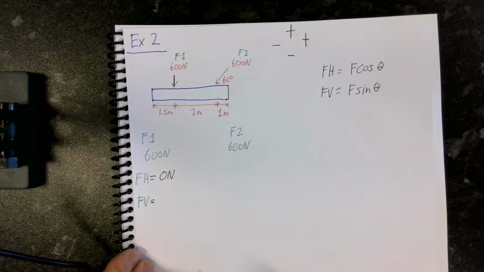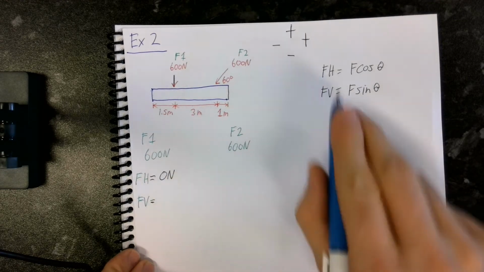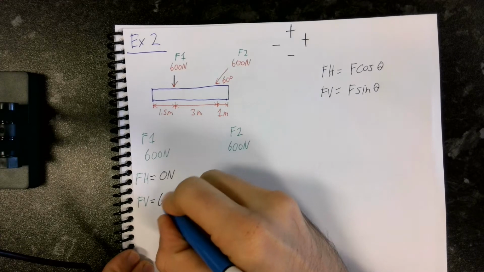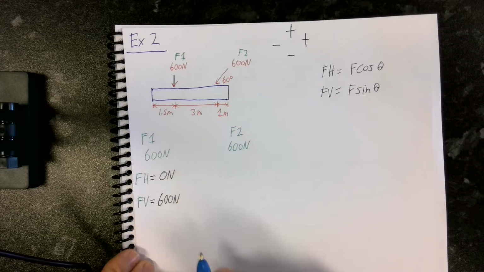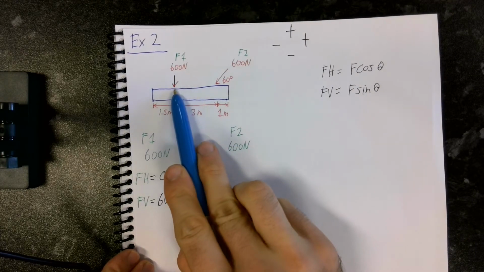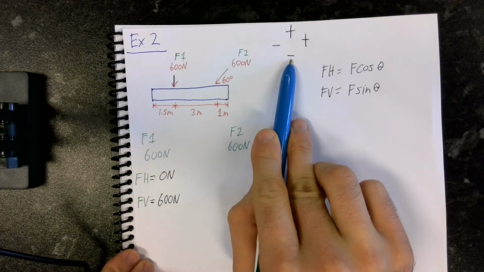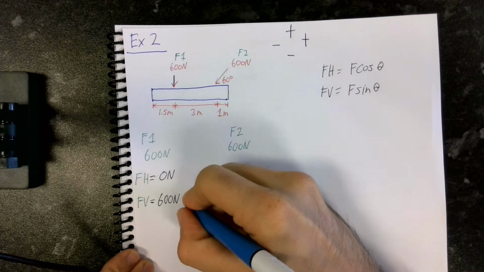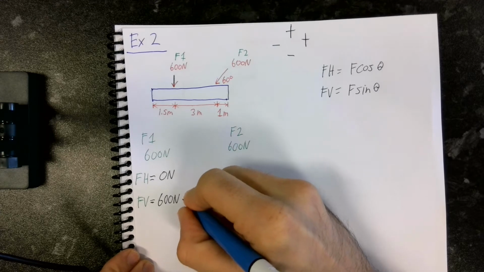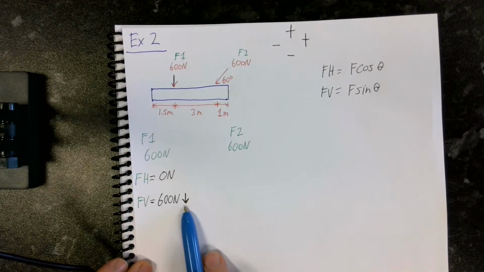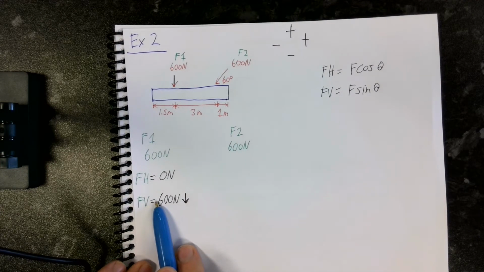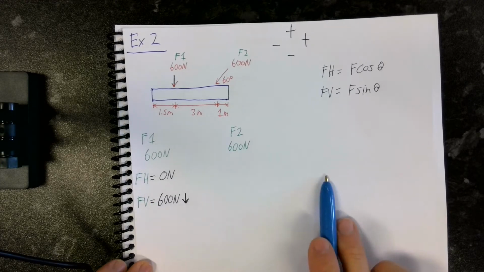Yes, because it's going vertical, so you don't need to use that formula. You're just writing in 600 newtons. Now, is that positive or negative though? It's a negative, isn't it? So we put our little arrow. I said this in the past, either arrow is fine, but if you want to put a negative in front of that 600, you can too. It's up to you.